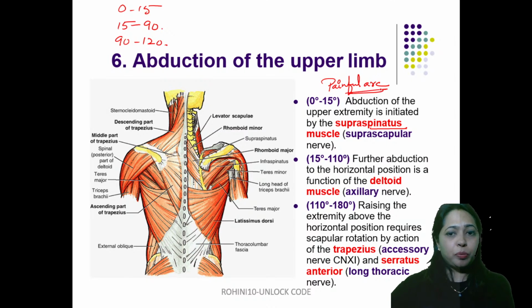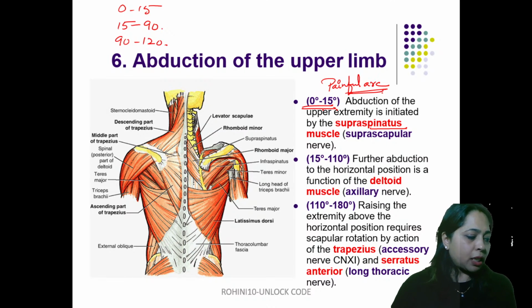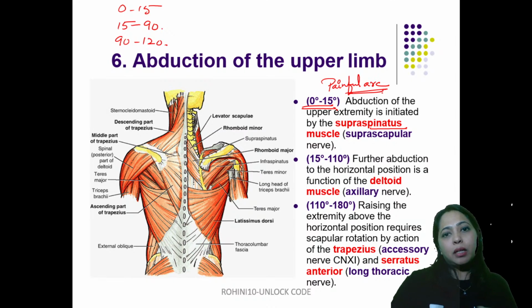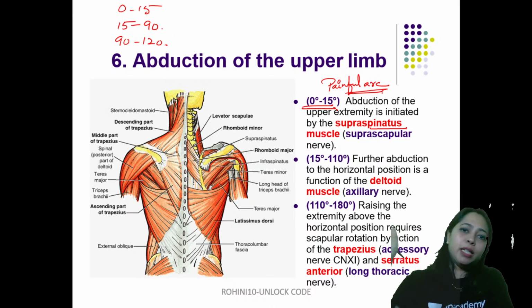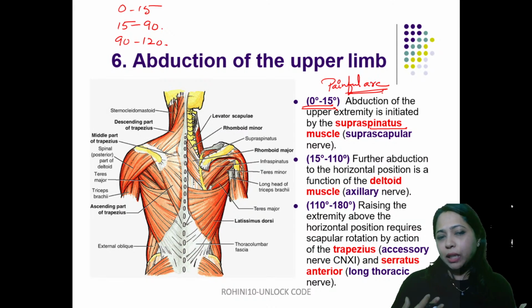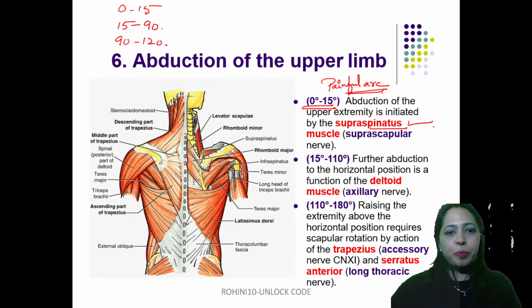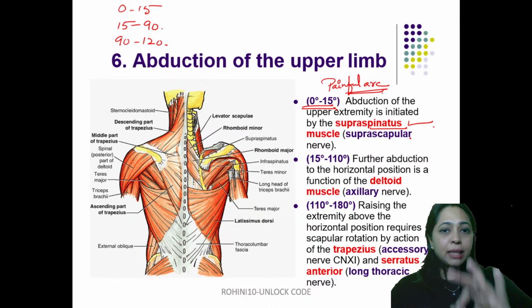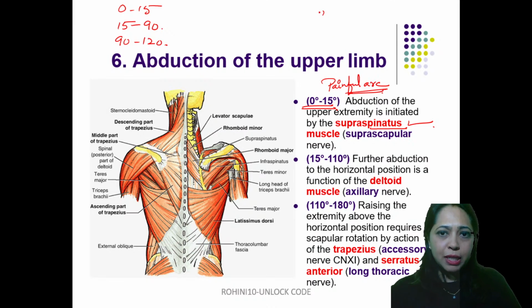It is very difficult to make out initial abduction because the person would take support from the other limb and lift the 0 to 15 degrees. So it's very difficult to gauge that. That is supraspinatus muscle. And supraspinatus and infraspinatus are both supplied by the same nerve, the suprascapular nerve.